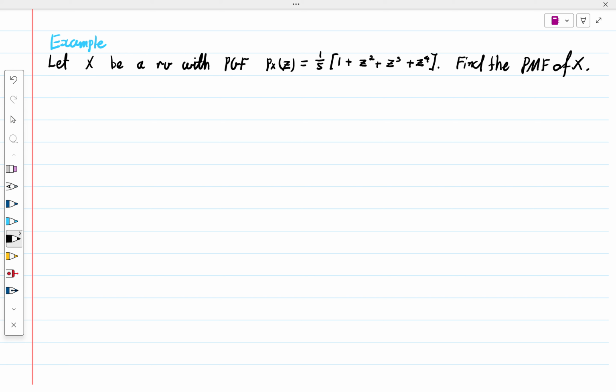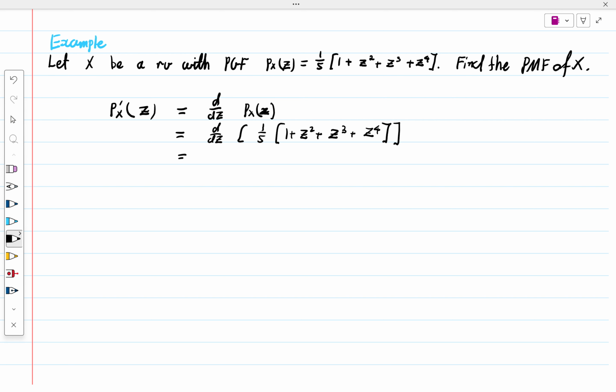Well, the first thing we need to do is evaluate the derivatives. So P_X prime, the first derivative of the probability generating function with respect to z, remember, is by definition the derivative of the PGF, which in this case is d/dz of 1/5 times (1 plus z squared plus z cubed plus z to the 4), close the brackets.